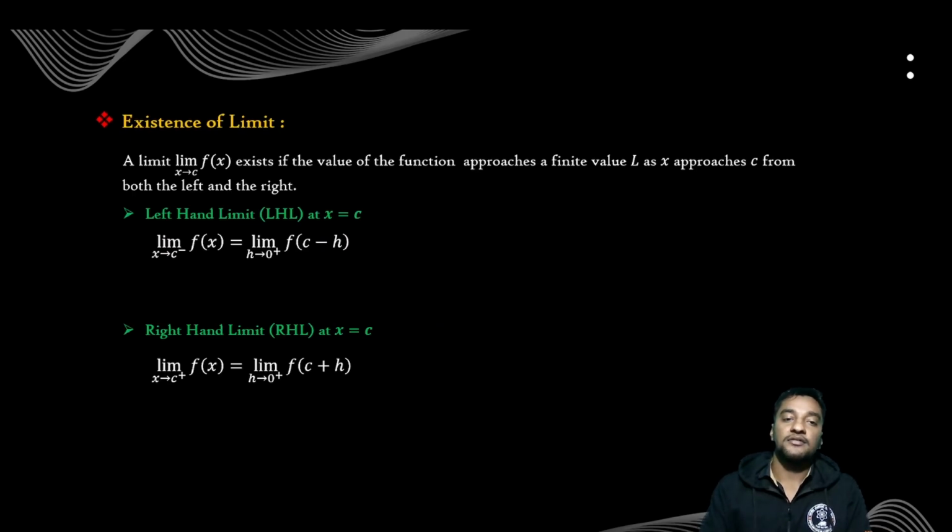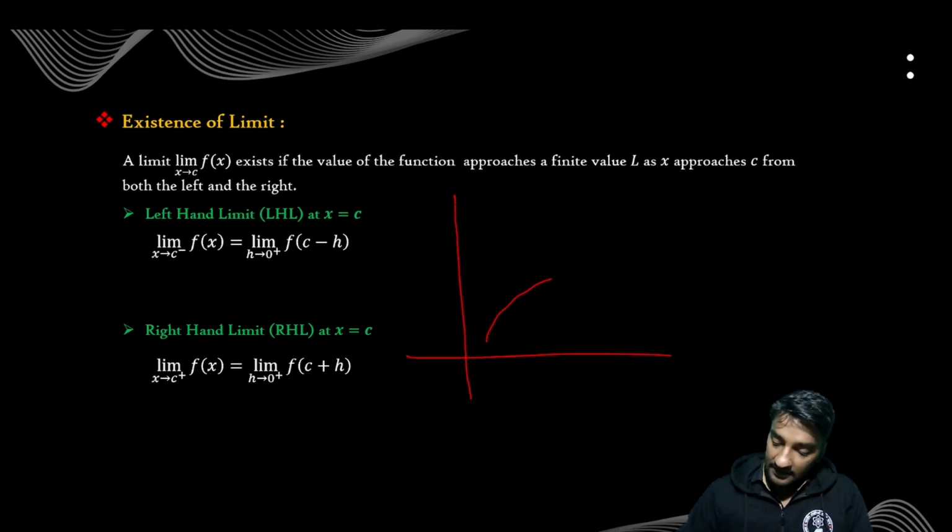Okay, next we have existence of a limit. In this case, we calculate two types of limits. The first one is the left hand limit and the second one is the right hand limit. Suppose our function is defined this way. Here it is open, and the function takes a value at this point.